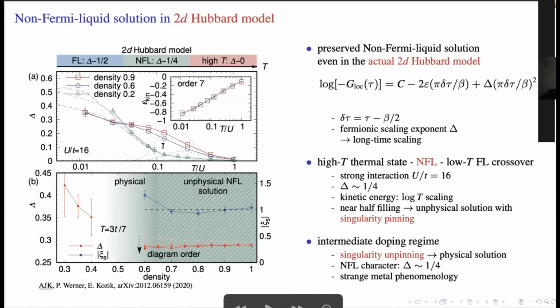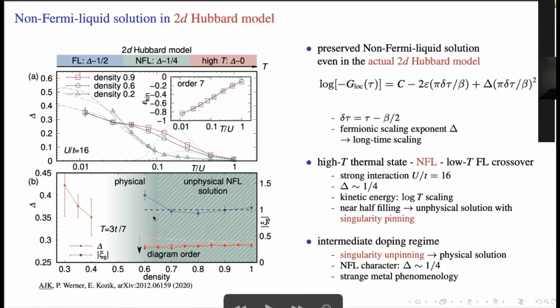In the intermediate temperature, we also investigate the location of the singularity as a function of doping, shown here. As you can find, the singularity is unpinned in the intermediate density or intermediate doping, while the delta value stays near 1/4.